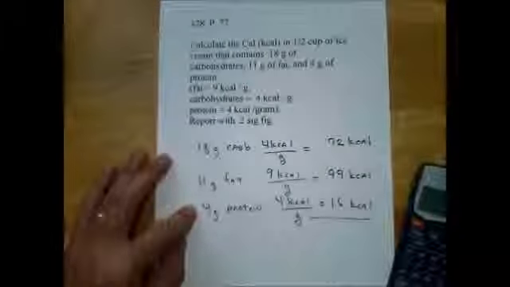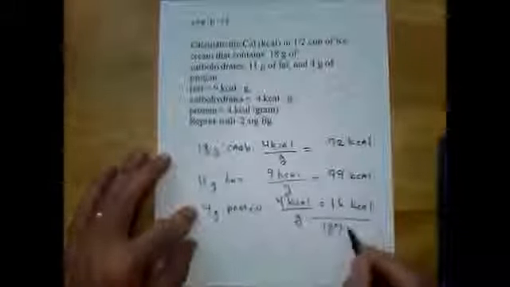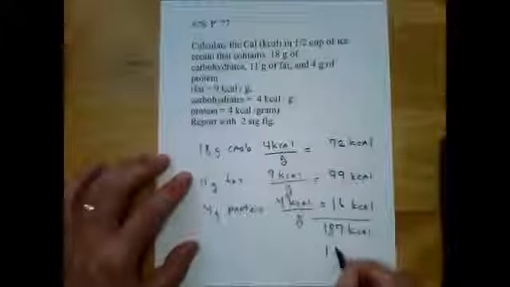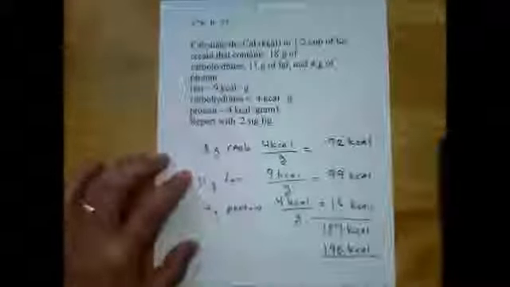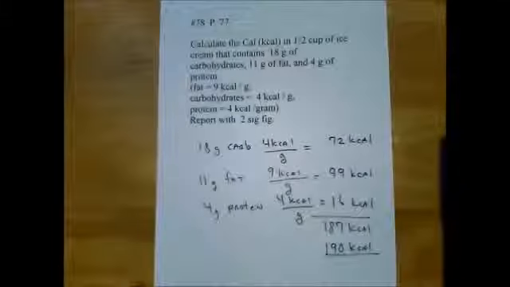And now all we got to do is come back and add them all up, and I get 187 kcals total for half a cup of ice cream. Now we need to report this with 2 significant figures, only because the problem tells us to, and that would be 190 kcals for our answer with 2 significant figures.